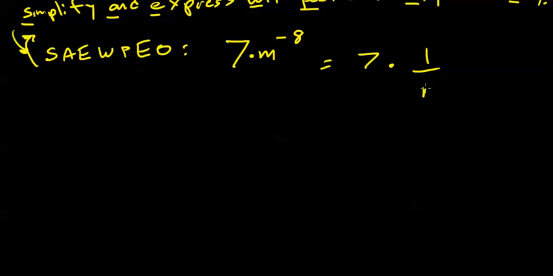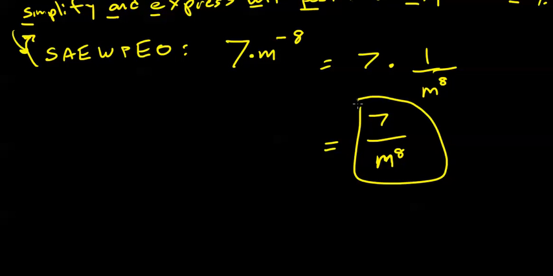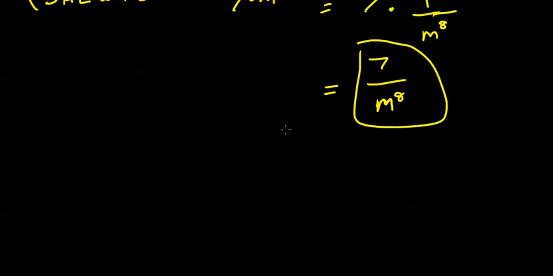M to the minus 8th is 1 over m to the 8th by definition, and then if I multiply these two expressions, I end up with 7 over m to the 8th power. Okay? Alright, so again, a common mistake is to put the 7 in the denominator also. Please note, the 7 stays in the numerator level.